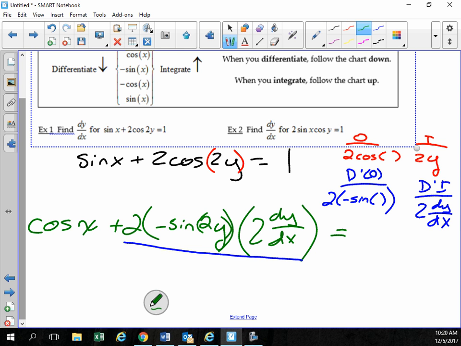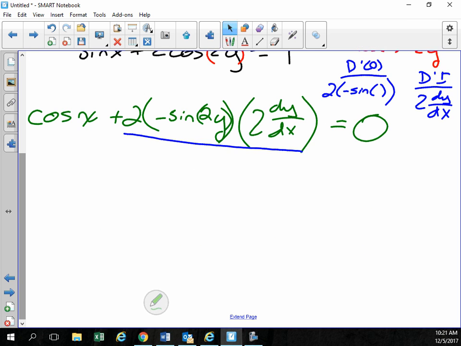Equals. I'm going to clean this up a bit. So I have cosine. I'm going to combine this 2, this negative sign, and this 2, because it's all multiplication. That gives me what?